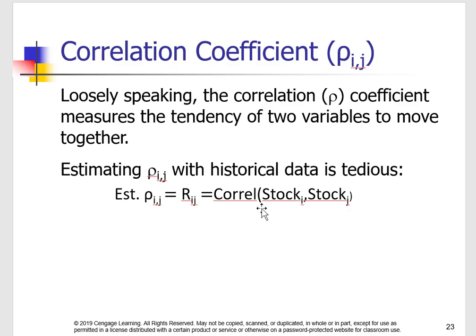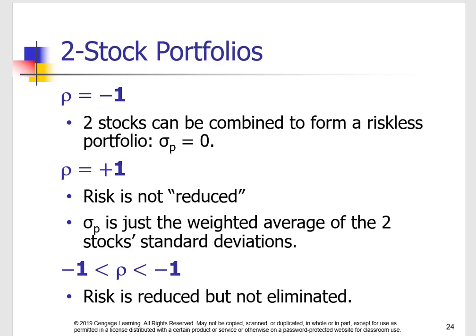It's CORREL, and then you have the returns of stock 1 and the returns of stock 2 in these arrays, and that will calculate correlation. Now, correlation has to be between -1 and +1. It can't be any higher.